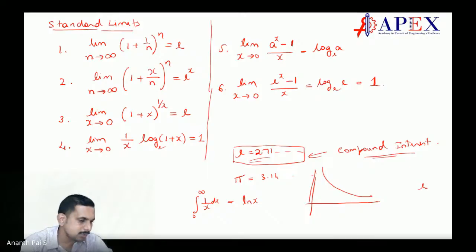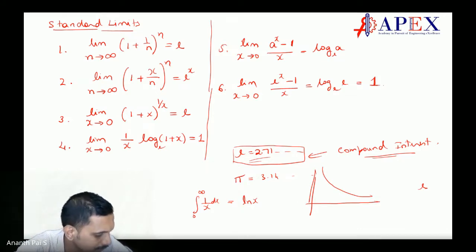Let us write the rule again. Let us see what rules we have missed. I think we have missed some rules. Whatever is the rule for this one can be put for infinity also, I suppose.